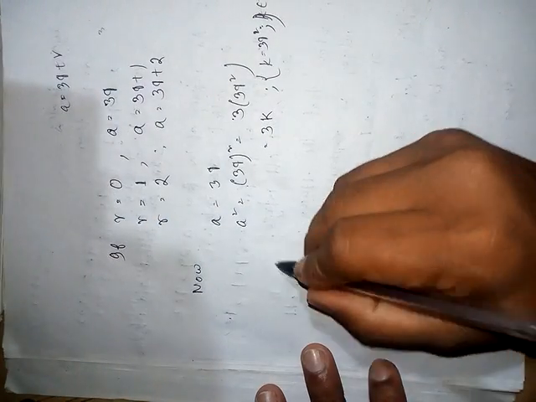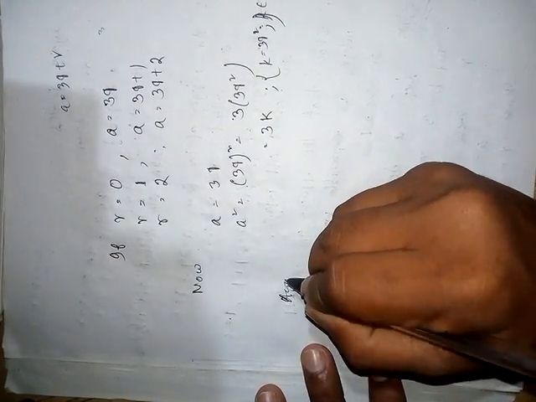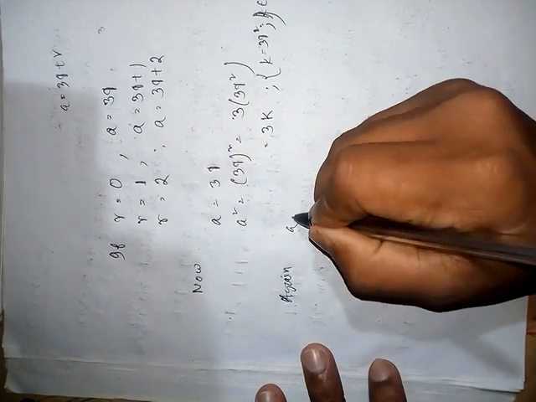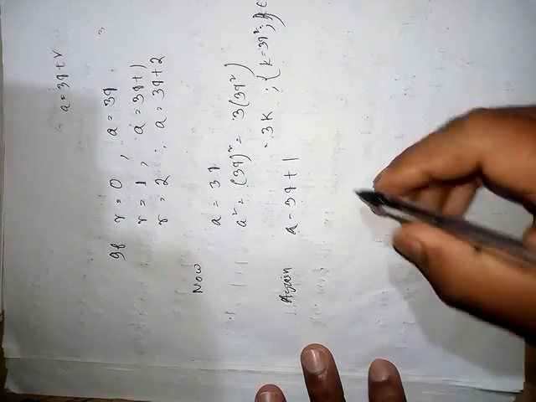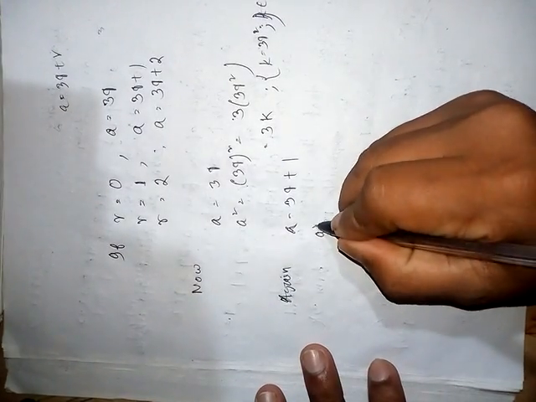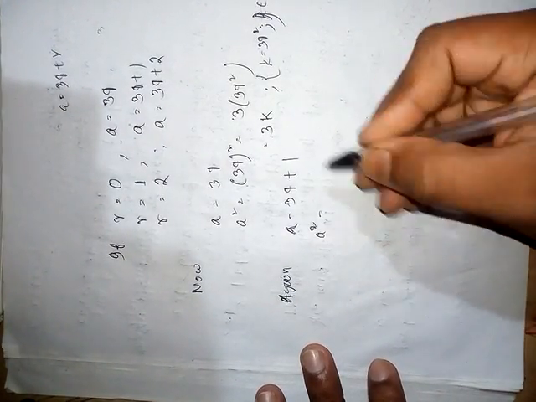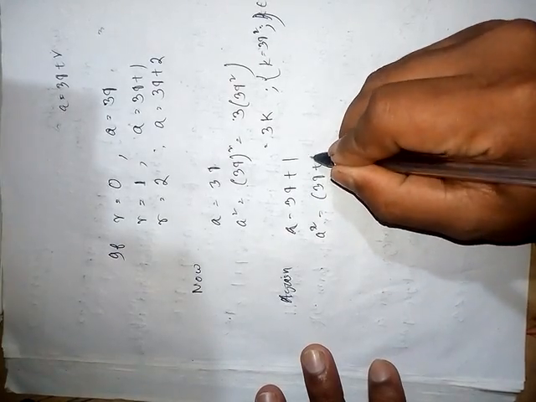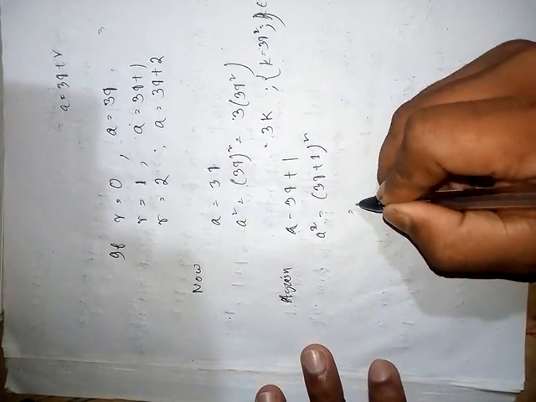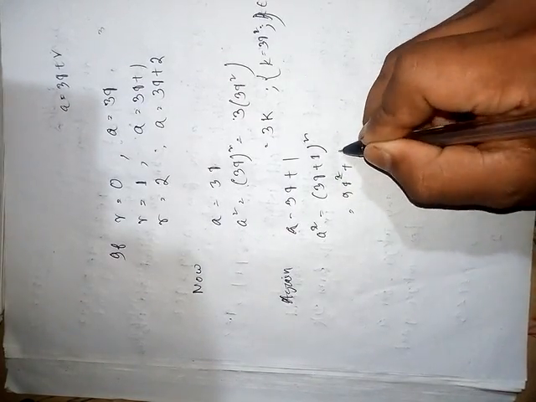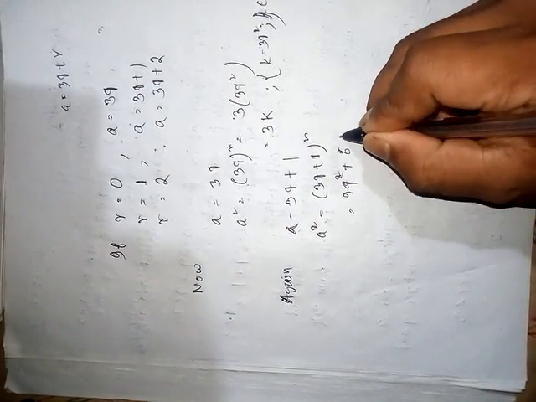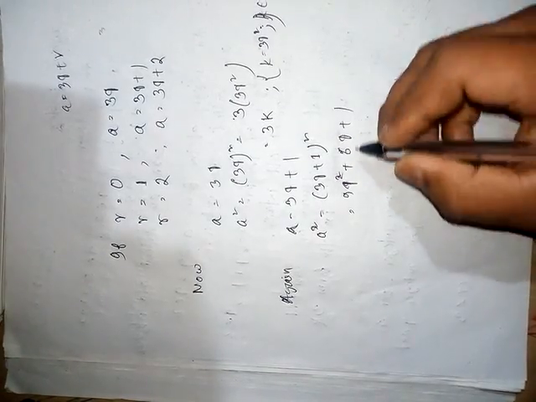Again, when a equals 3q plus 1, squaring both sides, 3q plus 1 whole square gives 9q square plus 6q plus 1.